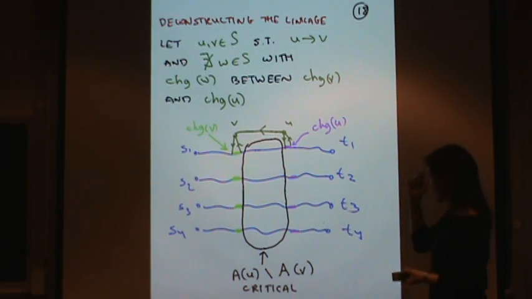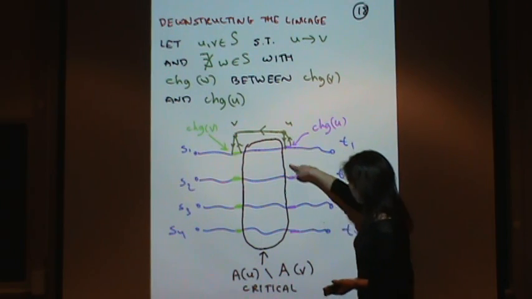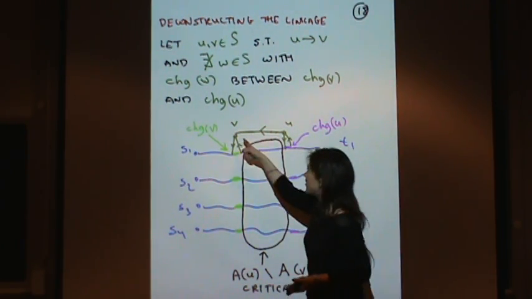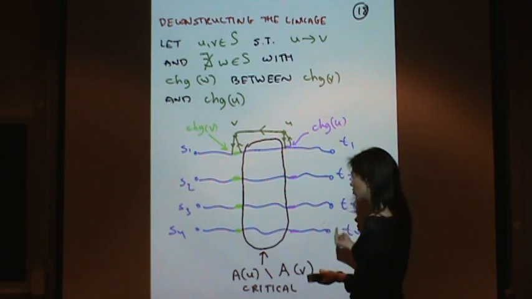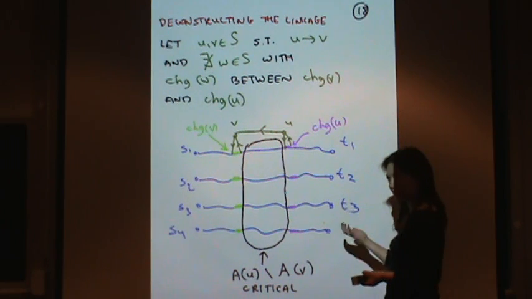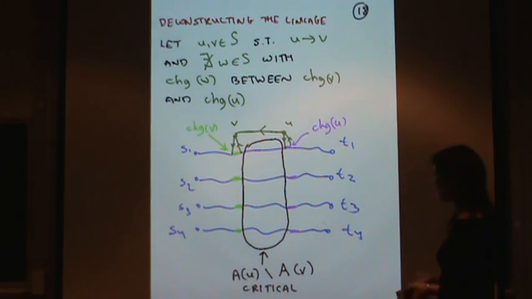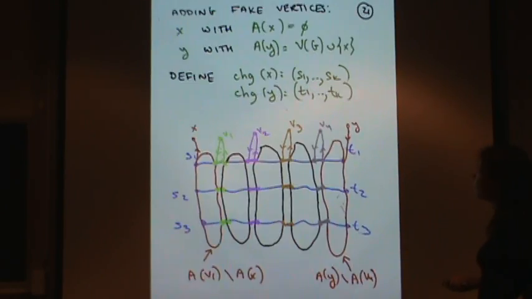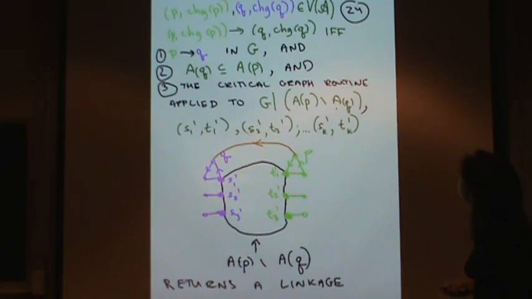What would happen is I claim u with this k-tuple as its changeover, and v with this tuple as its changeover. So u will be adjacent to v, because all the conditions are satisfied. Okay, so that's the point. I'll come back to this in a minute.